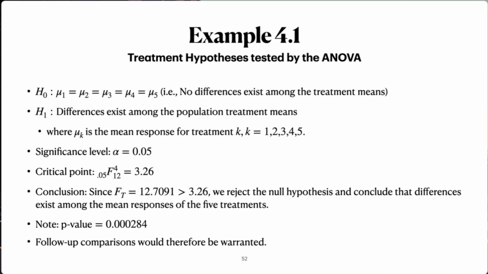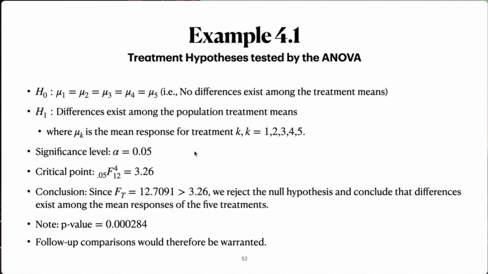So we'll just understand that mu1 corresponds to mu sub A, mu2 corresponds to mu sub B, mu3 is mu sub C, mu4 is mu sub D, and mu5 is mu sub E. All right, so these are the hypotheses that are actually being tested by the analysis of variance.